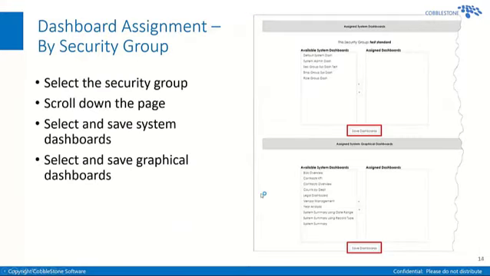So do keep that in mind. But this is a wonderful way to set a system dashboard for a large set of users in a security group. And we're going to take a look at dashboards toward the end of today's session.